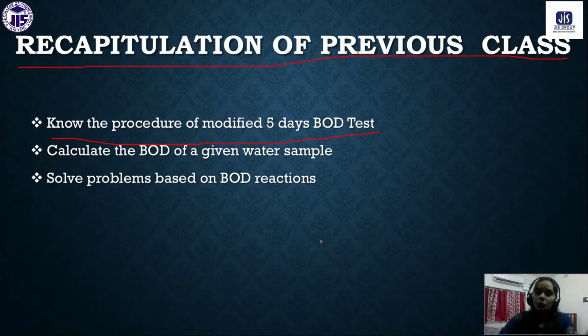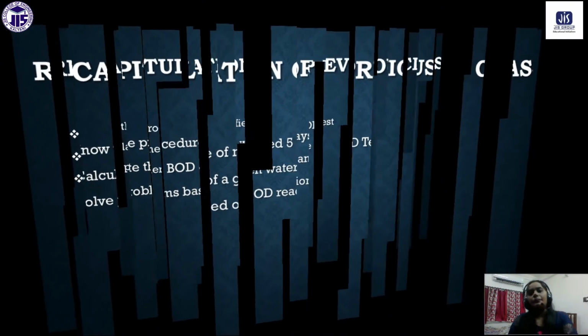Already you knew that. You calculated the BOD of a given water sample, and also you solved some problems based on BOD reactions in the previous class. These are some of the recapitulation.